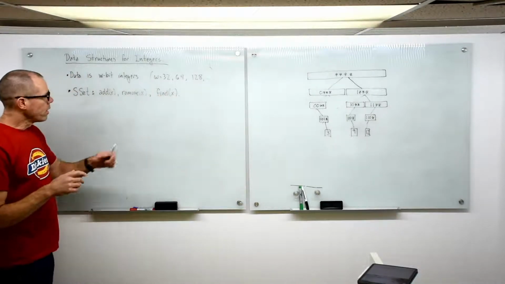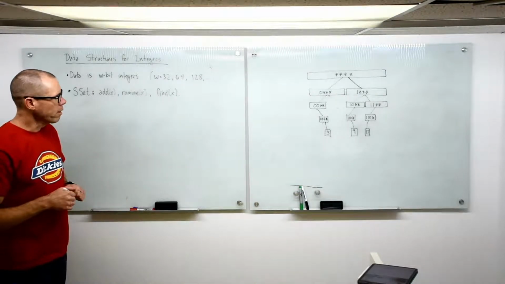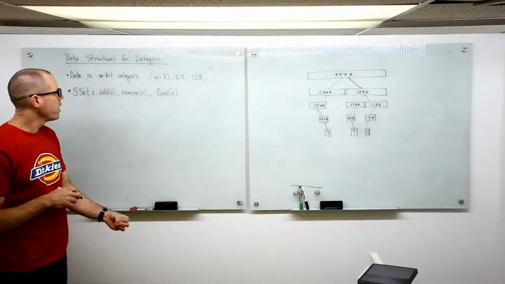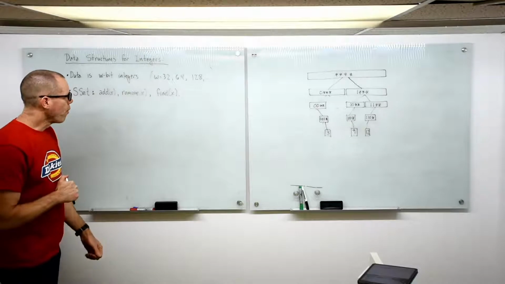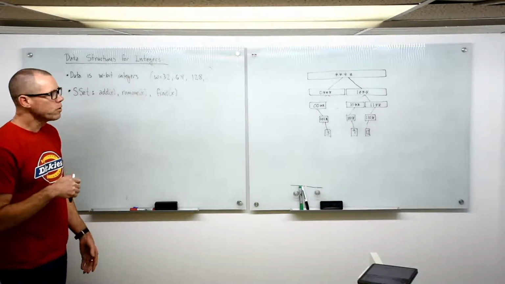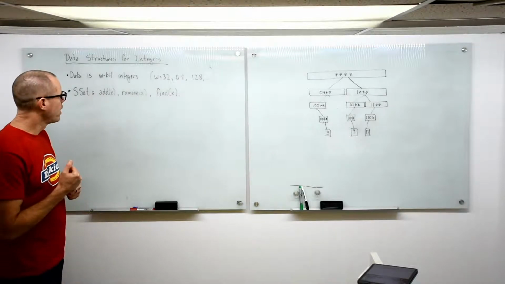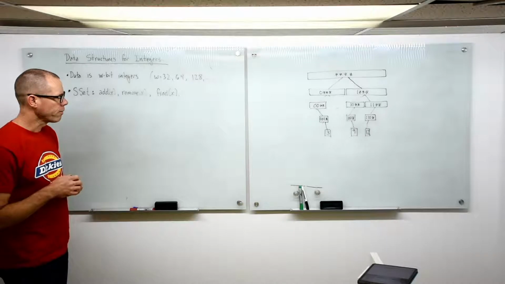And find here has a specific meaning. If X is in the set, then I actually want to find it and return it and say that it's in the set. And if X is not in the set, then I want to find the smallest thing in the set that is greater than X. That would be called the successor of X.